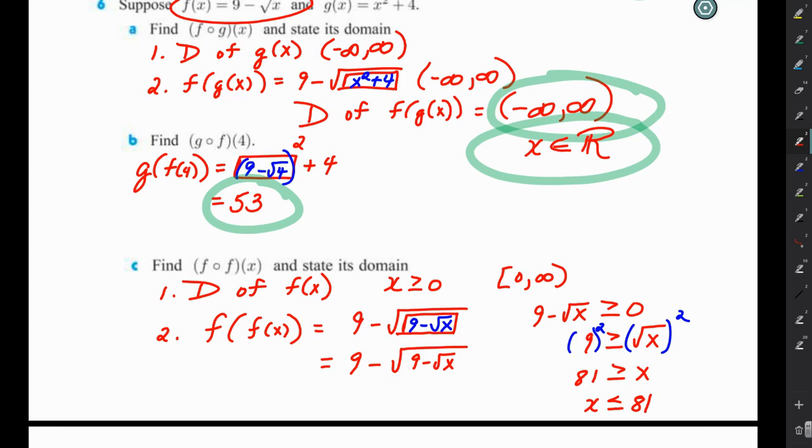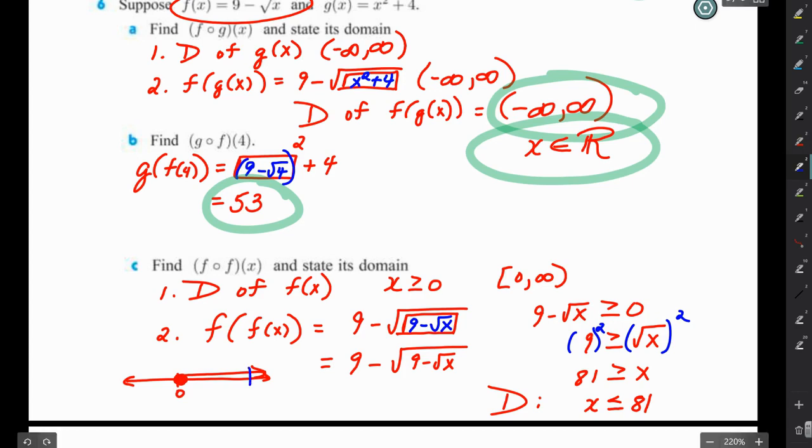All right, whoa, that's a lot. All right, so the domain of the composite function is saying that x has to be less than or equal to 81. So we have to know what the overlap is. So let's do a number line on this one. To find our domain for part of this, the domain of the inner function is going to be x greater than or equal to 0. And in blue, I'll do the domain of the composite function.